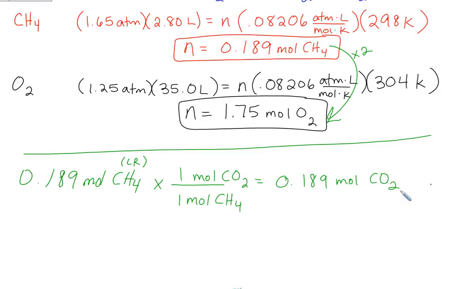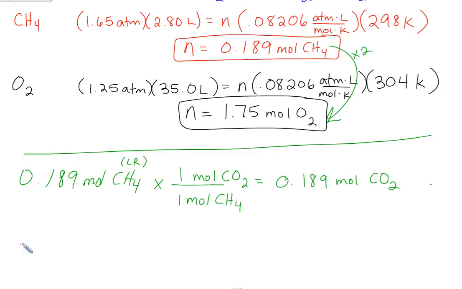Okay, so now if this would have been at STP, standard temperature and pressure, I could just use that ratio, 22.4 liters per 1 mole of gas. It's not at standard temperature and pressure, so we have to do one more little calculation.